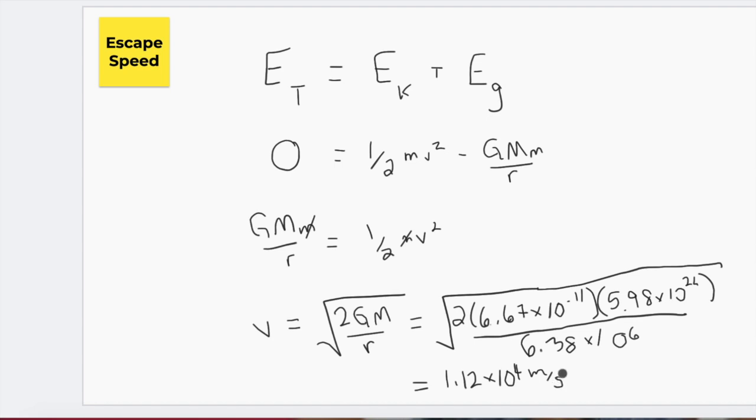That's astonishing. That's 11.2 kilometers per second. Massive, right? A lot faster than you're ever going to go in your car, for example. I don't care what you drive. So again, this is the escape speed. If you want to escape from Earth, you need to be going this fast. And if you don't go this fast, you're not going to escape. It's just how it goes.